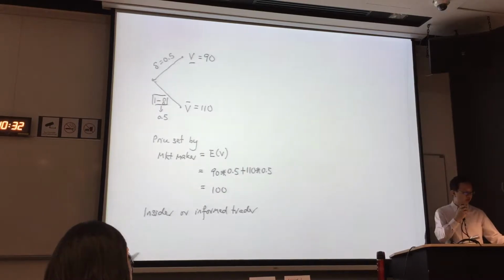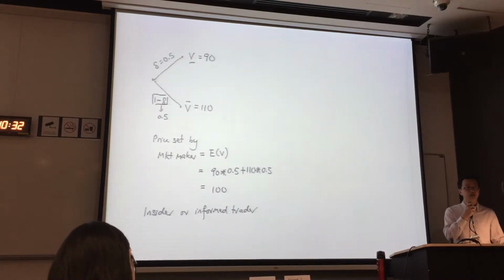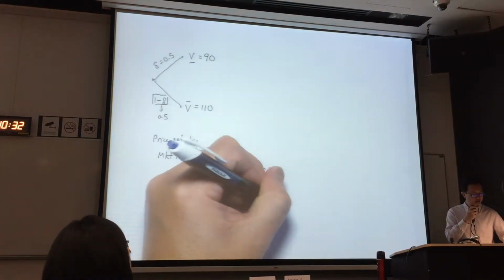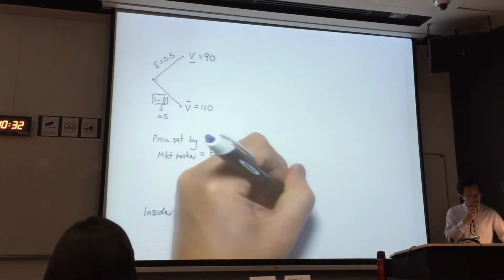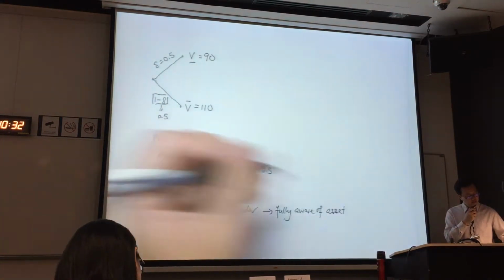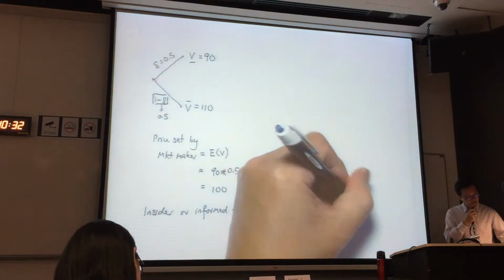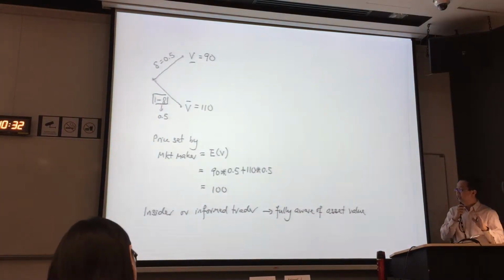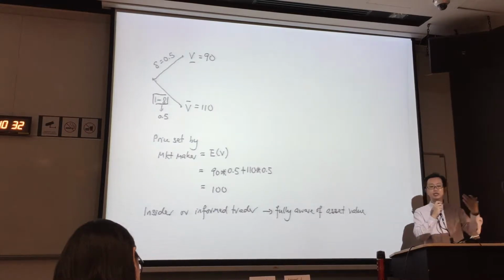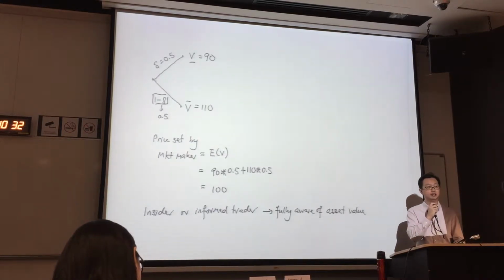So what do we mean by informed traders? These traders are fully aware of the asset value. That means they are fully aware whether the asset is worth 90 or worth 110.